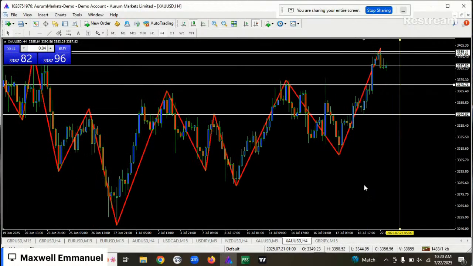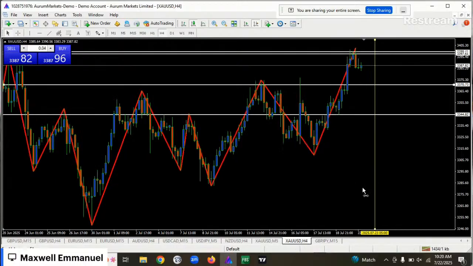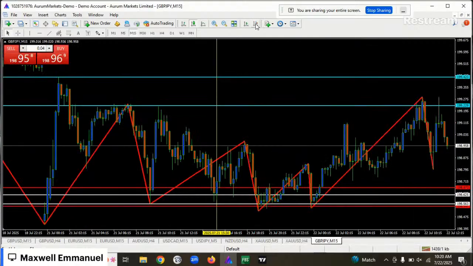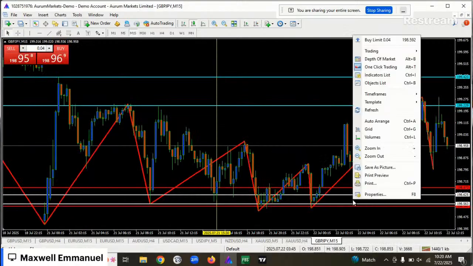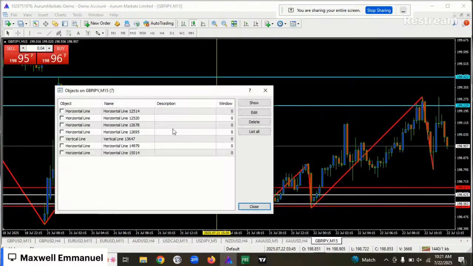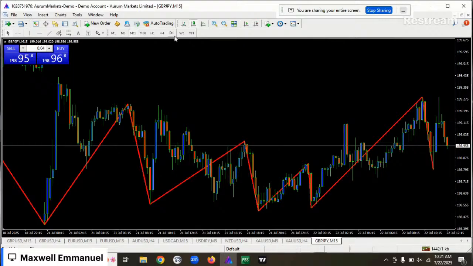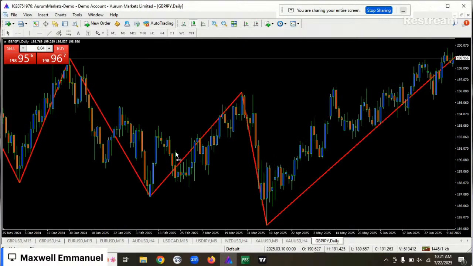Let's move on to the next pair, GBP JPY. So if my bias for yen is bearish, then you should be looking for buys on GBP JPY.